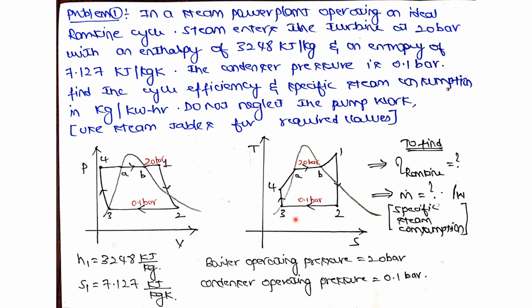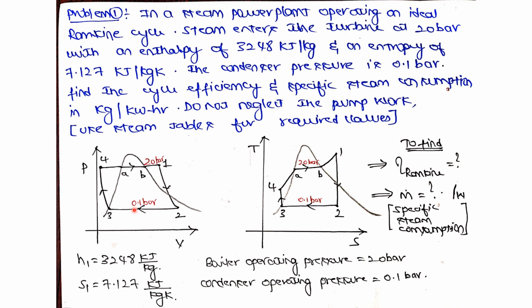So in all types of problems, there would be two main pressures acting: the pressure at which the boiler operates and the pressure at which the condenser operates. The pressure at which the boiler operates is 20 bar, which is given in the problem. The pressure at which the condenser operates is 0.1 bar, which is given in the problem.